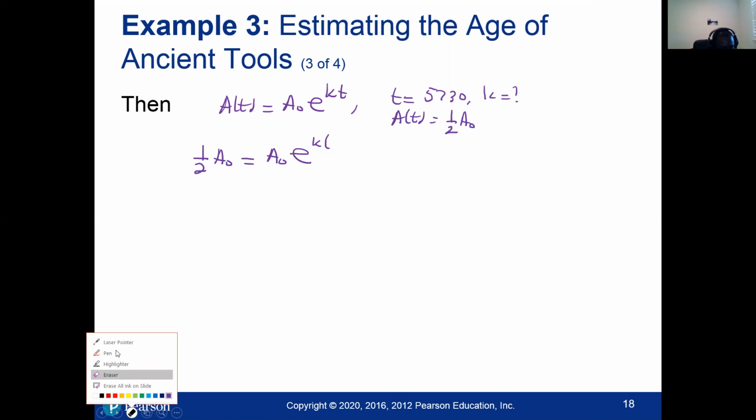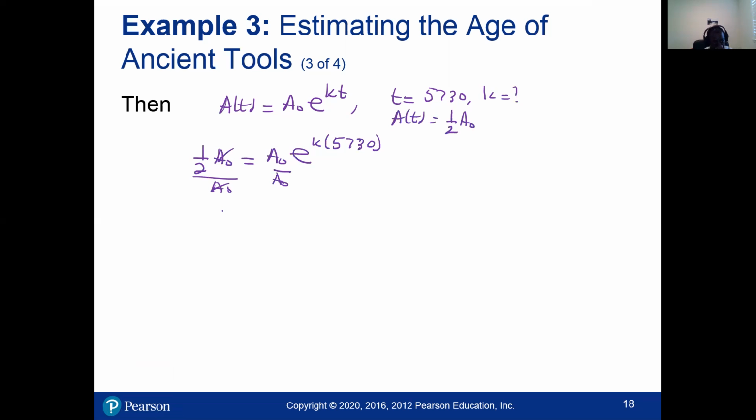So that is 5,730. Okay. And so divide both sides by A naught. This will cancel that. All right. So you have 1/2 is equal to e to the 5,730 k. So again, take natural log on both sides. And this gives us 5,730 k, natural log of e.